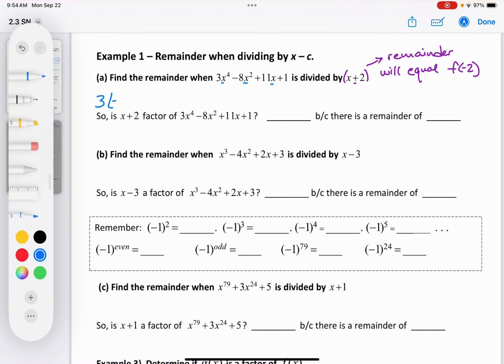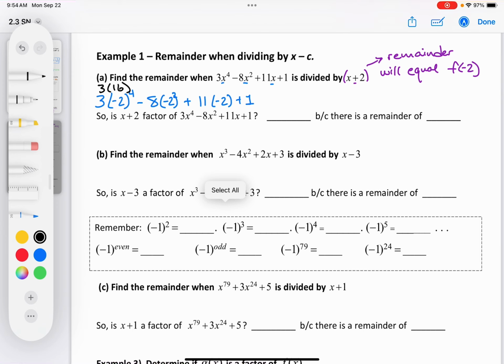3 times negative 2 to the fourth minus 8 times negative 2 squared plus 11 times negative 2 plus 1. So when I work all this out, I've got negative 2 to the fourth. 2 times 2 is 4, times 2 is 8, times 2 is 16. So 3 times 16.